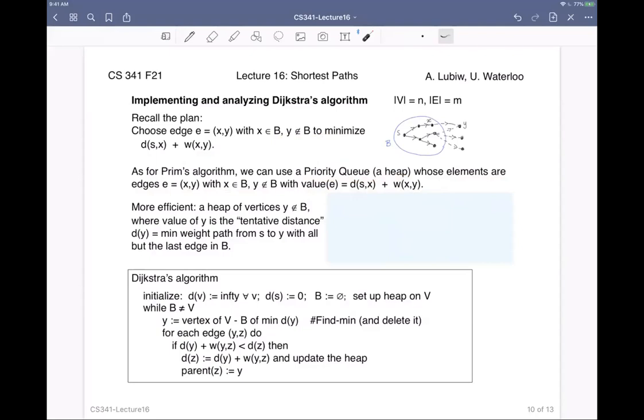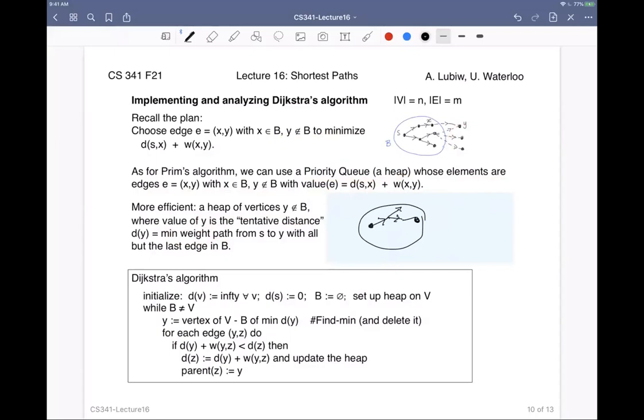So now we want to make a priority queue or a heap on the vertices that lie outside of B and set the key value of every vertex to be, we can think of it as the tentative distance, which is the minimum weight of a path that goes from S to Y, but that has this special form: I start from S, I follow tree edges to some vertex, and then I look at one possible edge going out of that.